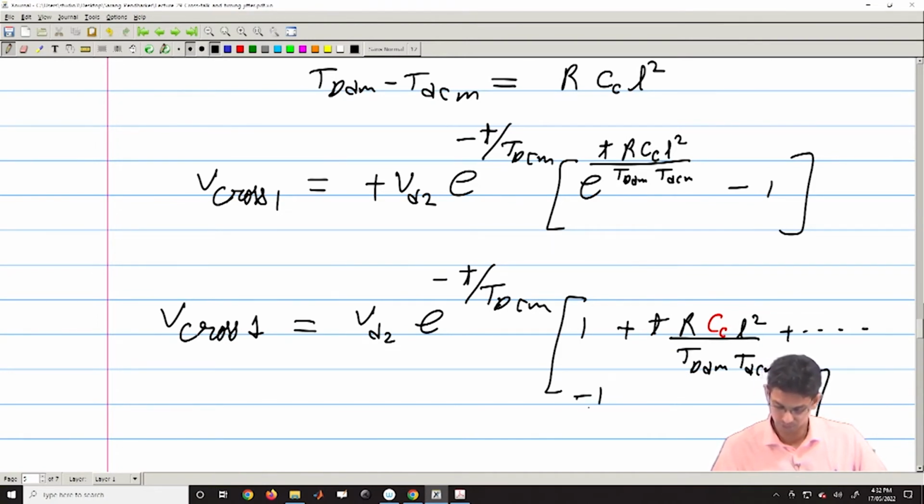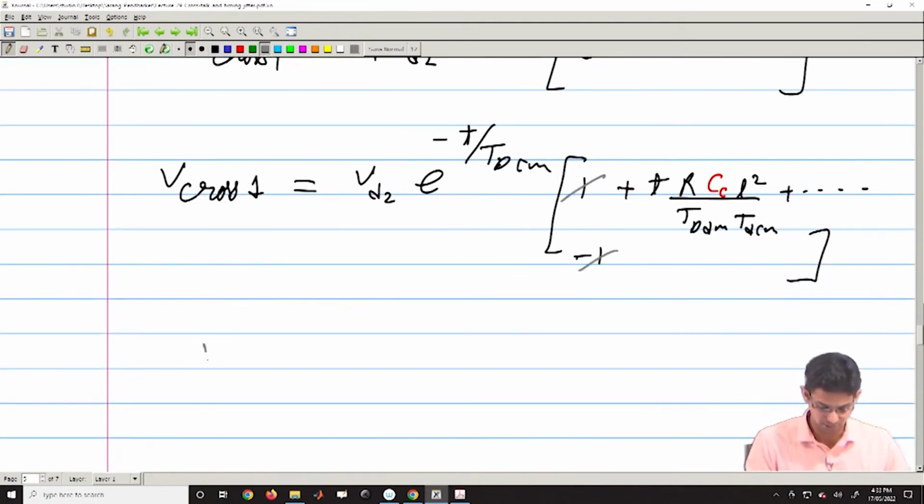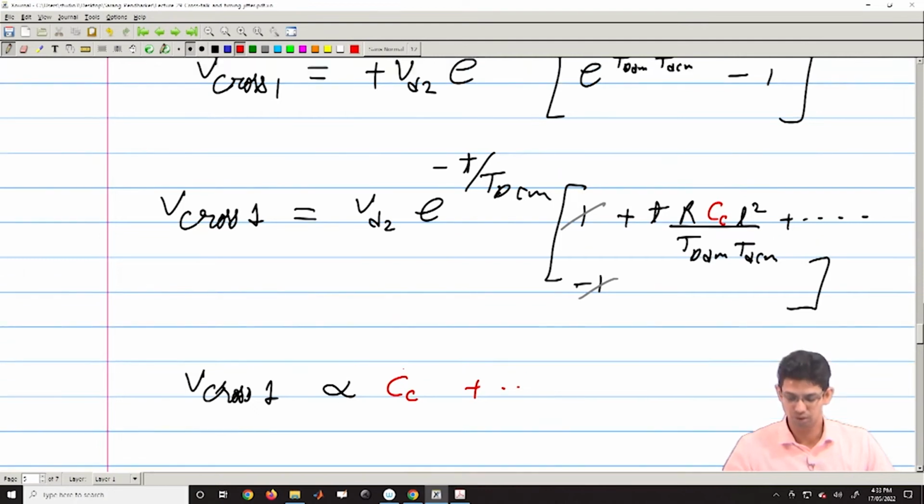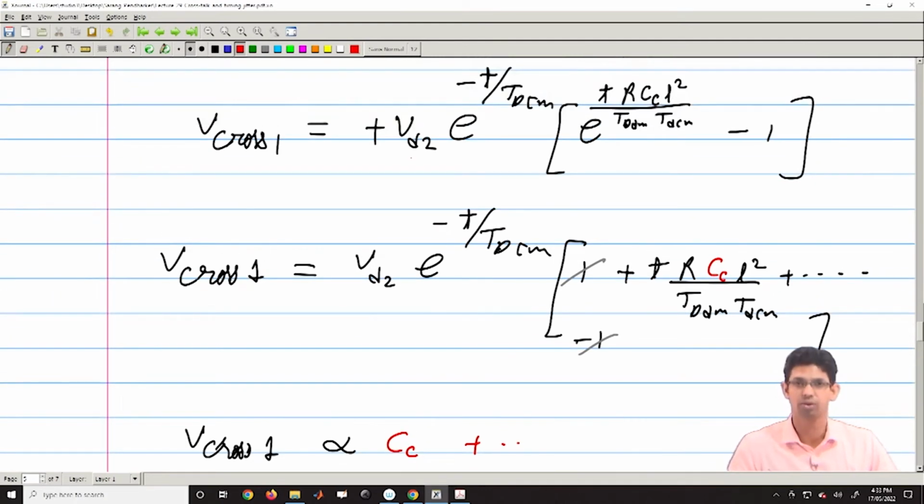So, what you will get is that your V cross is actually proportional to, it depends on C c, not directly. I mean, if you take an approximation, it is there, plus some more higher orders of C c, but overall your coupling term gives you the crosstalk. If your coupling term goes to 0, your C c goes to 0, then your crosstalk will also go to 0 irrespective of V d 2.